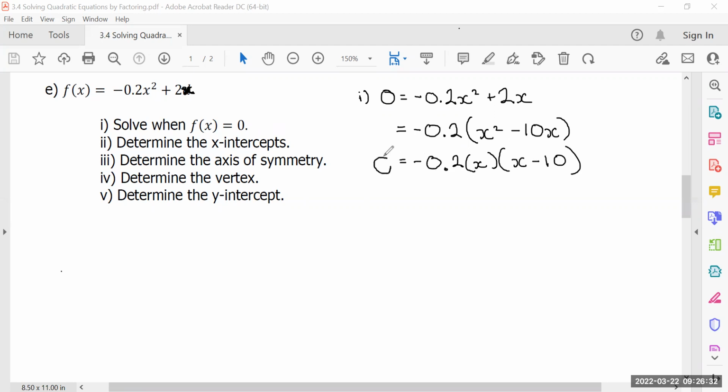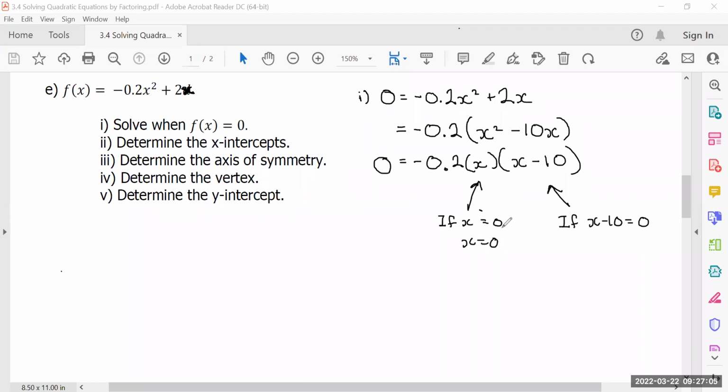And if that equation is going to equal 0, then that bracket must be equal to 0, or this bracket must equal 0. So what are my x-intercepts? What are the values when y equals 0? Close. This one is just a 0.